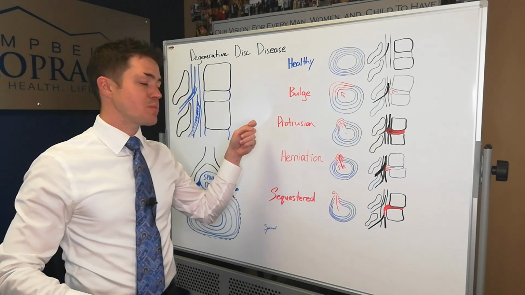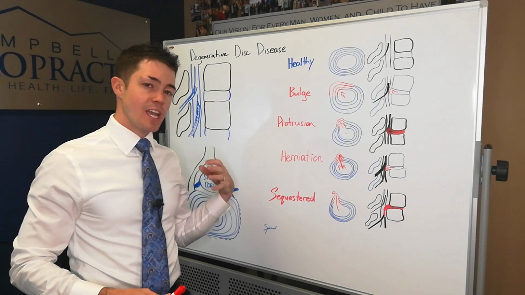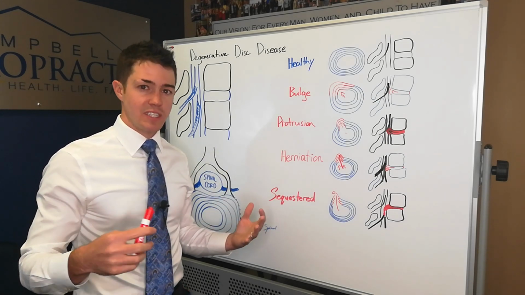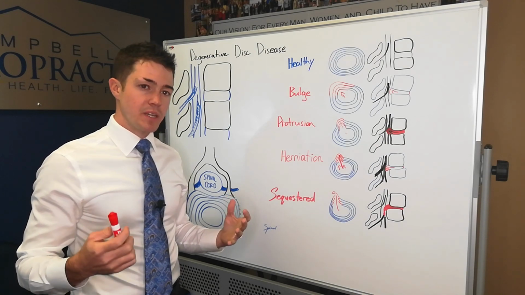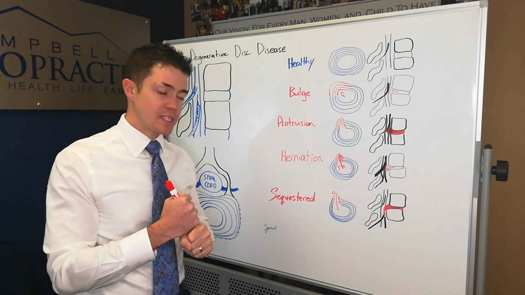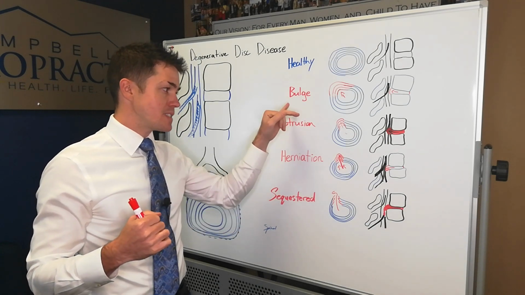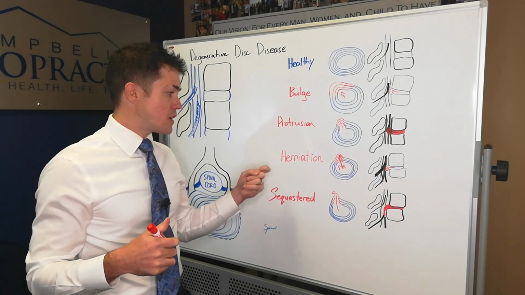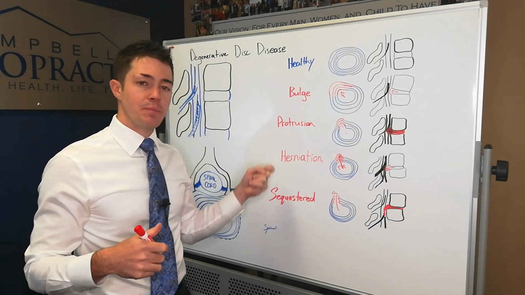Now conversely, protrusions and herniations can be caused by acute injury, like a car accident or a ski injury or something like that. Something where the spine's getting a lot of whiplash, a lot of trauma to it. It can bypass this and it can squeeze that jelly out really aggressively. So now a herniation is a step up from a protrusion.